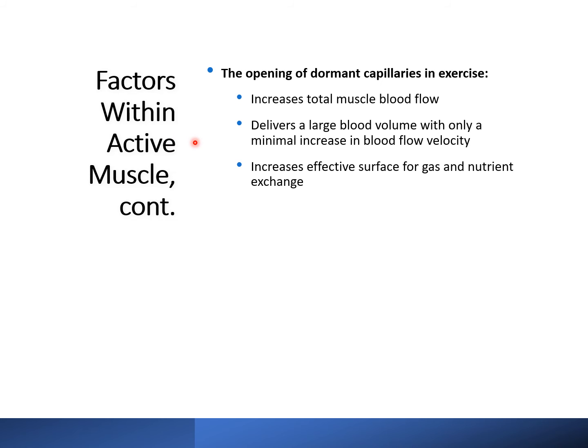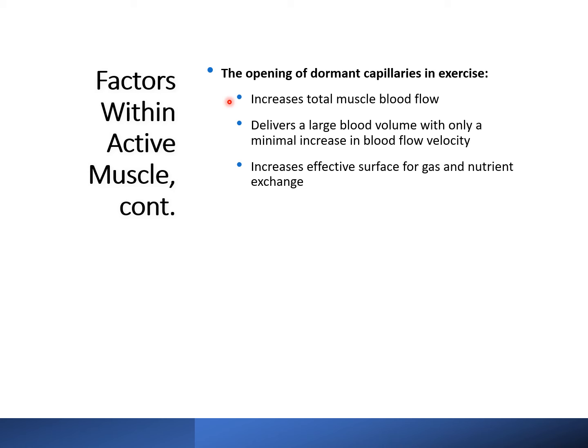Okay, so we just talked about how the capillaries stay closed at rest, most of them. And this slide is going to tell you what happens when they open during exercise. So when we open the dormant capillaries in exercise, you get an increase in total muscle blood flow. That seems obvious, right?